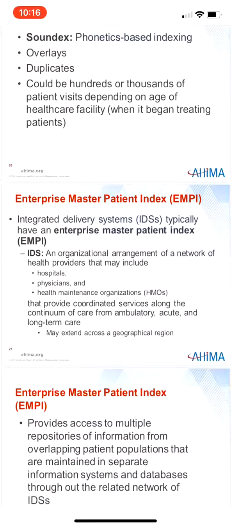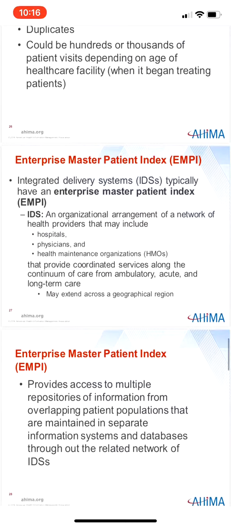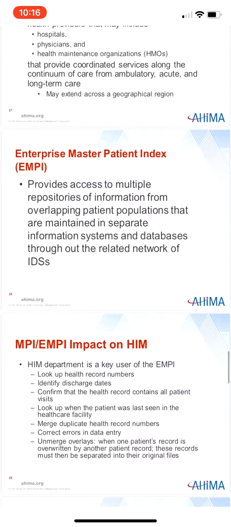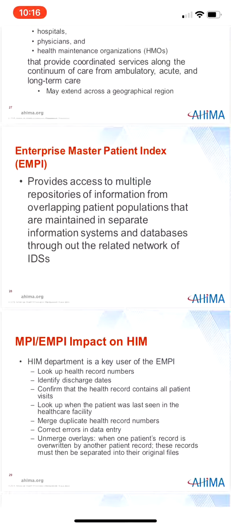The health record number assigned may be the same for all hospitals, ambulatory settings, and other components of the healthcare system. And it provides access to multiple repositories of information from overlapping patient populations that are maintained in separate information systems and databases throughout the related network of IDSs.